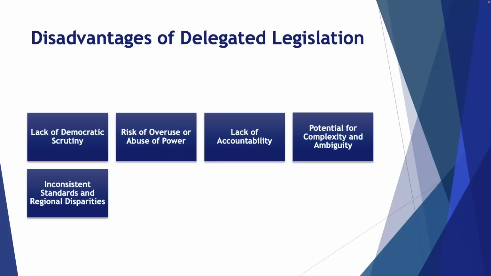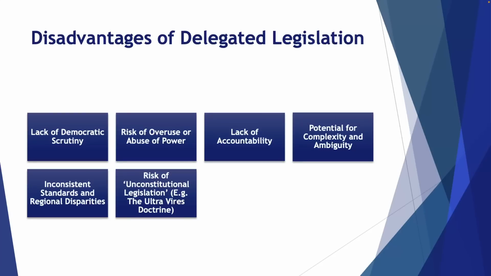Furthermore, while delegated legislation is useful for addressing local needs, it can also lead to inconsistencies between different regions and sectors if there is a lack of national coordination on these issues. So, for example, if a local authority were to create different parking regulations or noise ordinances, people who move between these regions might struggle to navigate the varying rules, leading to inconsistency.